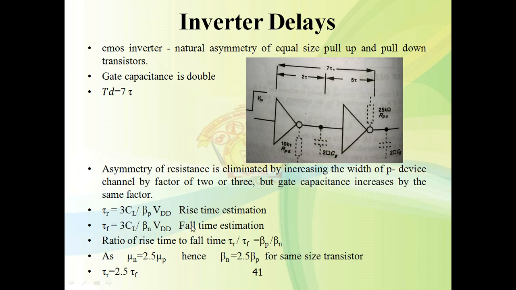Another conclusion: rise time and fall time are directly proportional to the capacitive load CL. And rise time is equal to 2.5 times fall time for an equal length to width ratio of the n-type transistor and the p-type transistor. These are the conclusions.